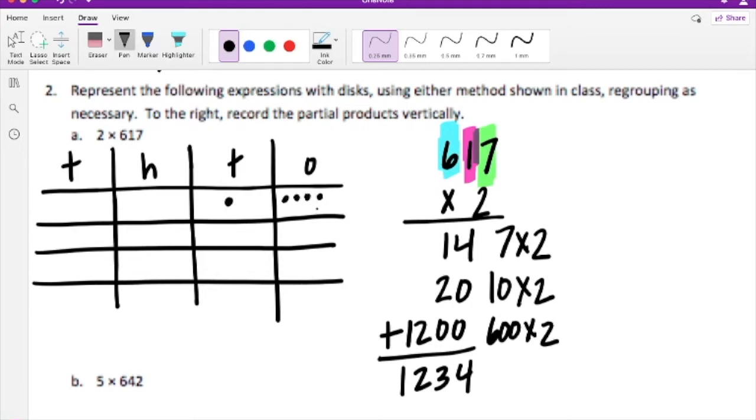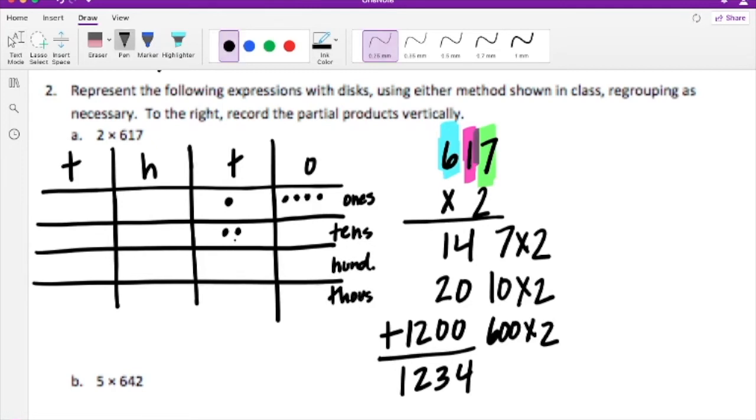We did 110 times 2. We got 20. So I'm going to record the 20 on the next line, right? So this is like the ones product. This is the tens product. When I multiply times the tens, the hundreds product, the thousands product.